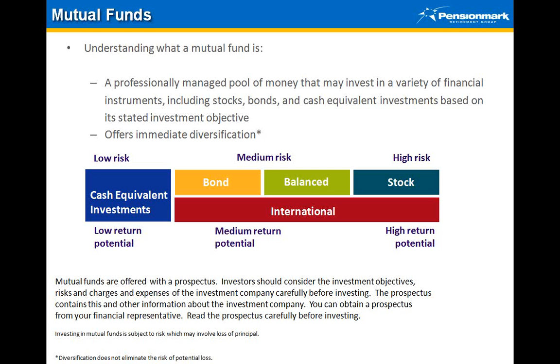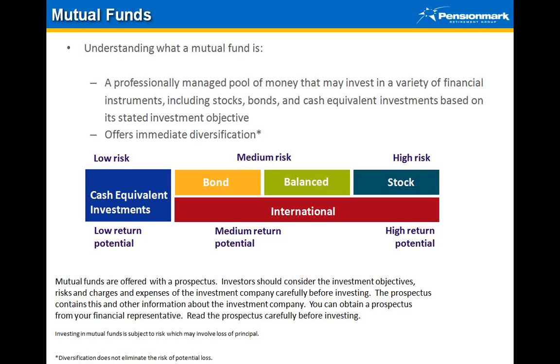So the scale that you see down below, the nice colorful chart, you start on the left with your low risk, low return potential investments, and that is your cash equivalents that we talked about first. So a mutual fund that's made up of cash type short-term investments, low risk, potentially low returns.